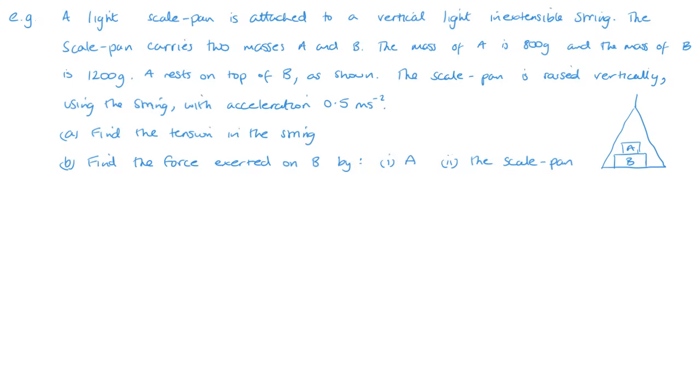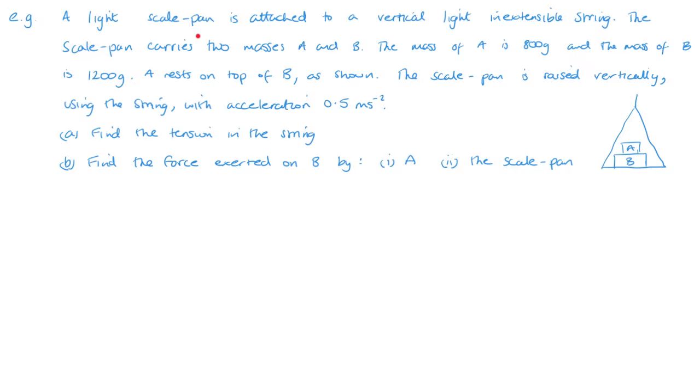A has its weight, a force acting downwards because of its mass. Then B has a reactionary force that is equal and acts upwards. That is something we need to think about for part B in this example. However, let's do A first, and then we'll talk about B.